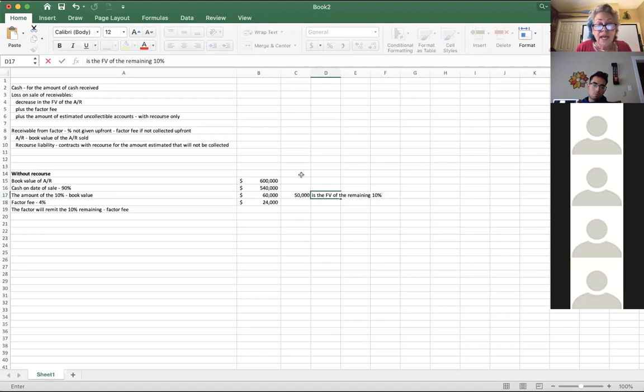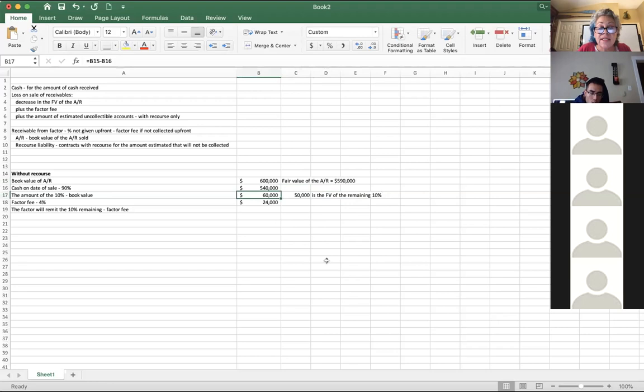So what they are saying is the fair value of the accounts receivable that I sold is equal to 590,000, because there is a $10,000 decrease in the fair value in the remaining 10%.